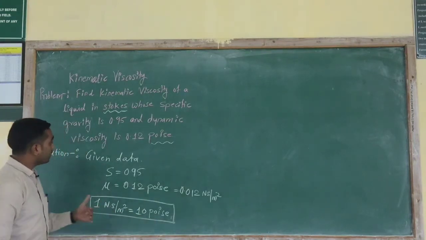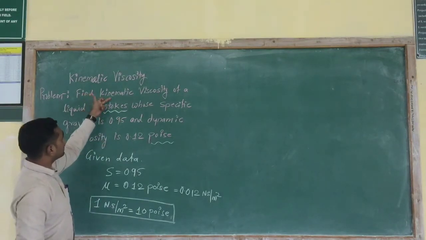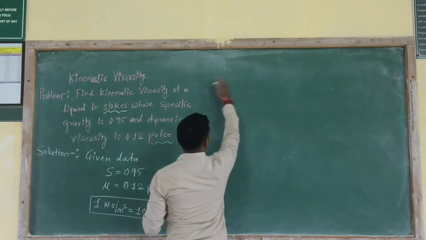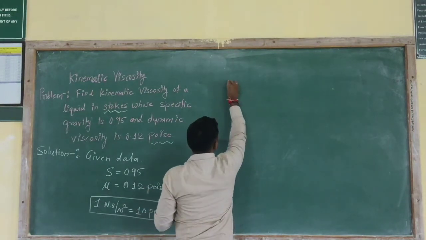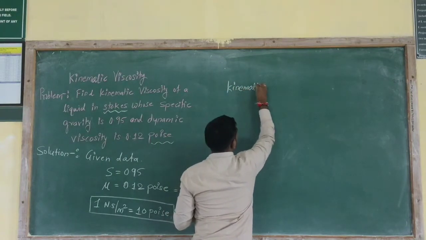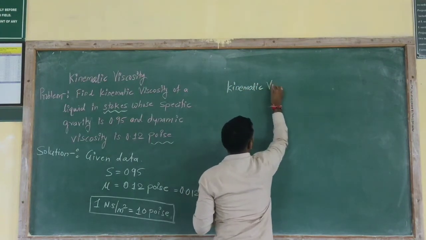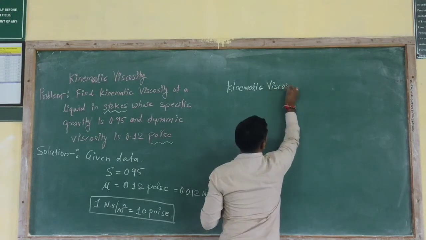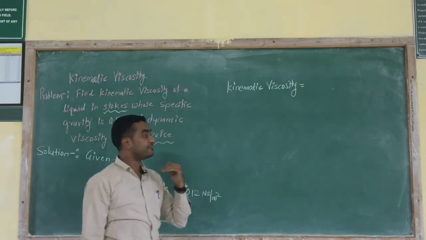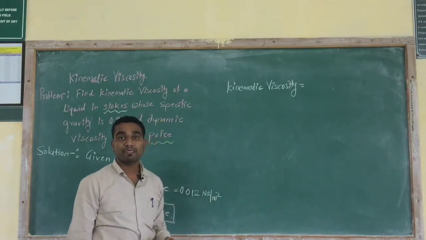Okay. Now what we have to find? We have to find the kinematic viscosity. So first of all, write the formula for kinematic viscosity. Now have you remembered the definition of kinematic viscosity?